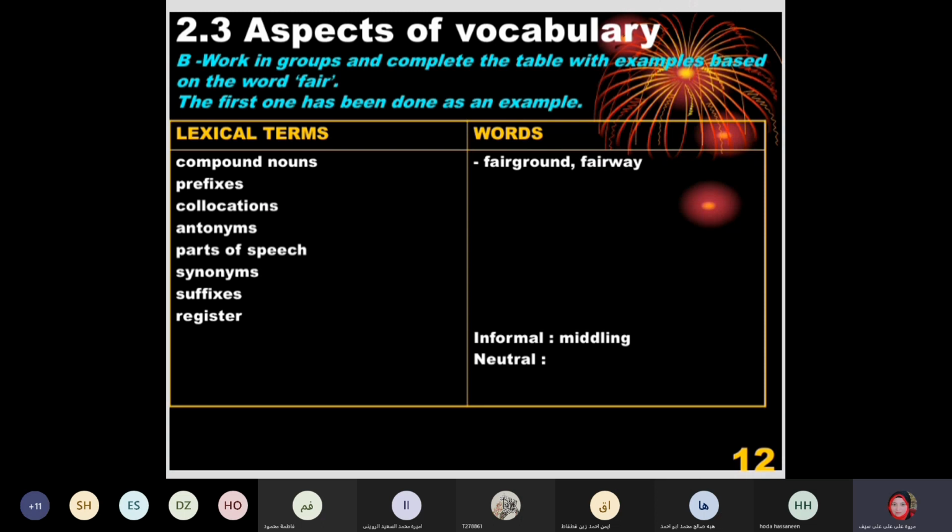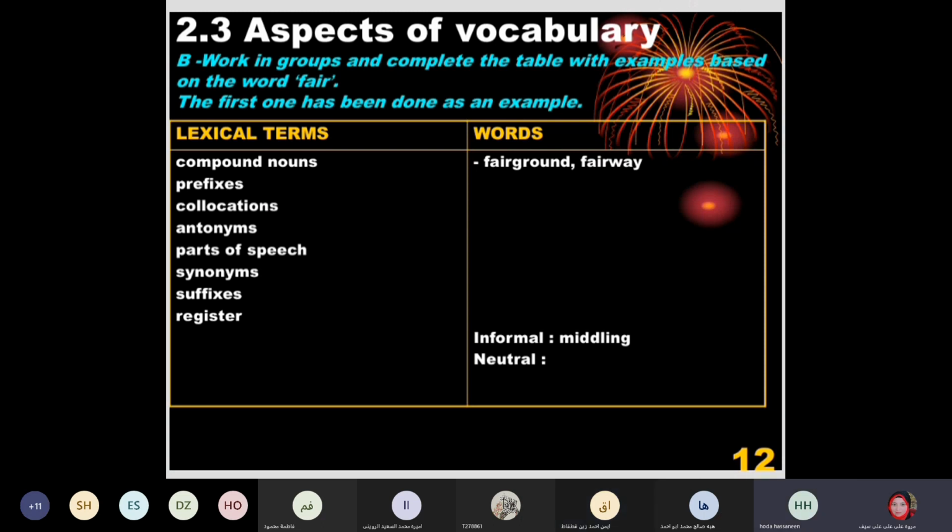So give me examples of suffixes based on the word fair. Fairly, fairness. Exactly. Fair is an adjective in the first place.